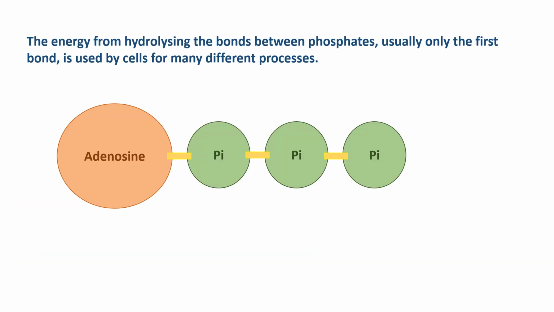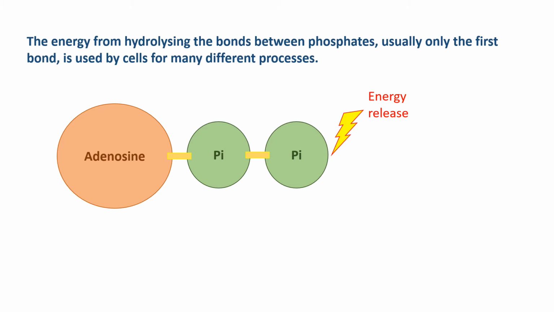So the energy from hydrolyzing these bonds between the phosphates, and here we're usually only talking about that first bond between ADP and that final phosphate, is used by cells for many different processes. So we hydrolyze this bond and it releases energy.